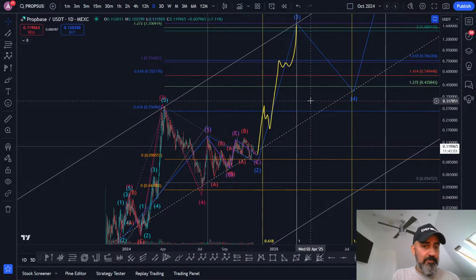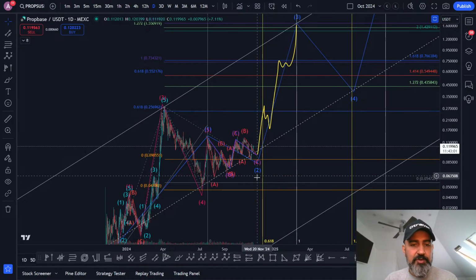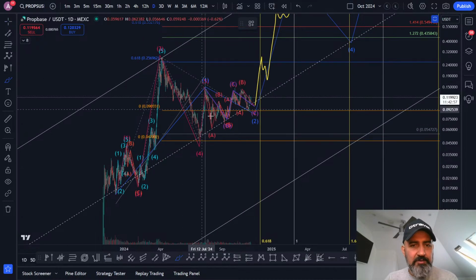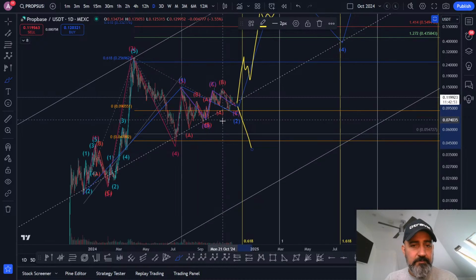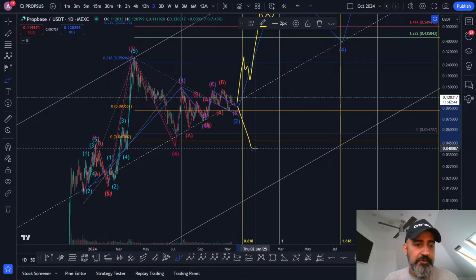The assumption is that we're going to have an impulsive wave, okay? Because if we go down, then everything changes. If the price now goes down, could happen.